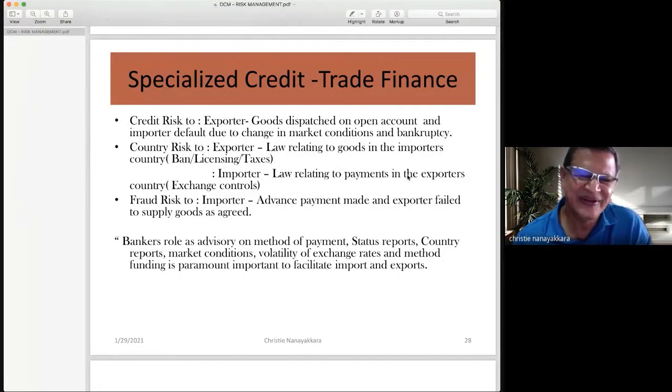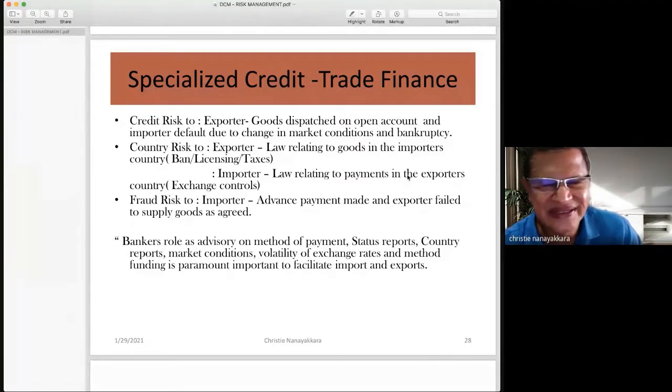He is avoiding risk only by DP terms, which means once the goods go to Bank A in Sri Lanka, they will only release these documents to the importer by getting payment. So when the bank gets payment, it will pass on to Bank B in Japan. Bank B will give money to exporter E.